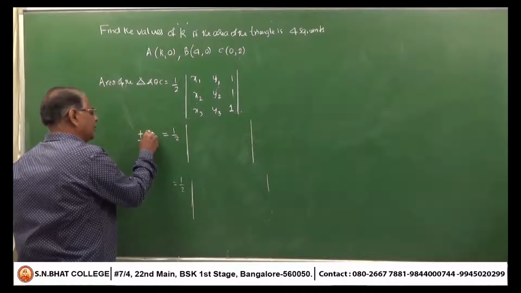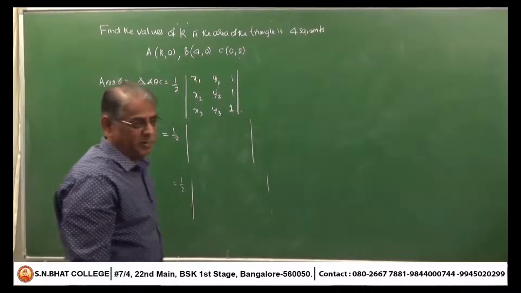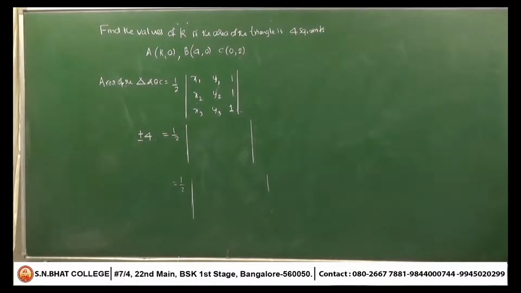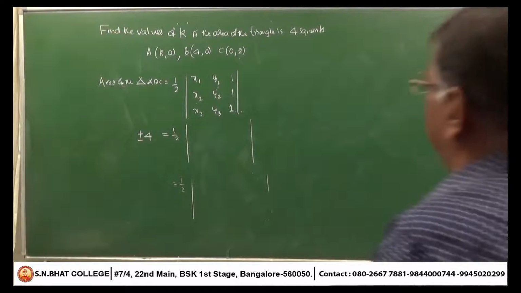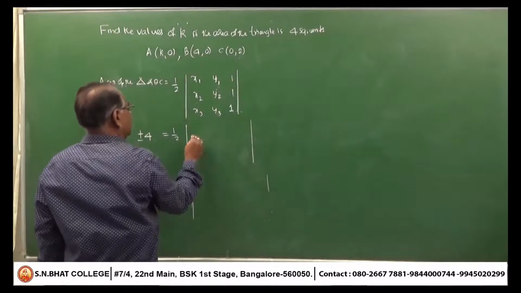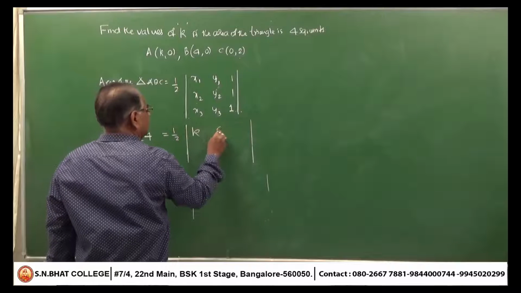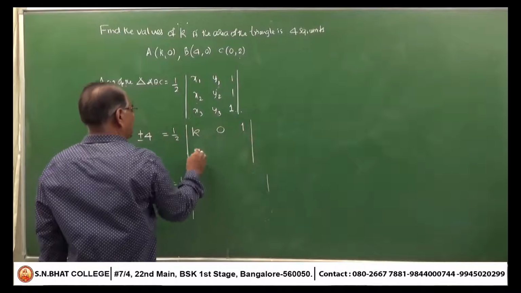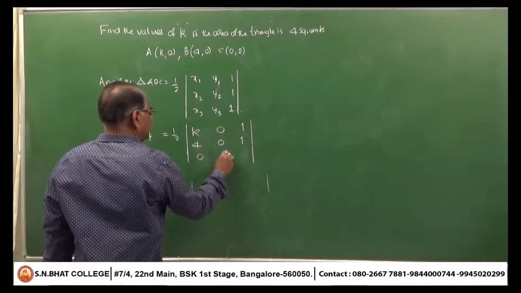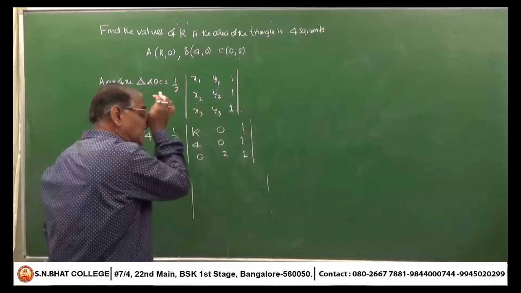You have to take plus or minus 4 because area may be positive or negative. To get two values of k, always take the area as plus or minus. This is x1, y1, x2, y2, x3, y3: k, 0, 1, 4, 0, 1, 0, 2, 1.